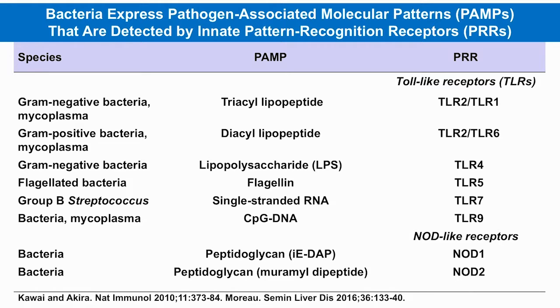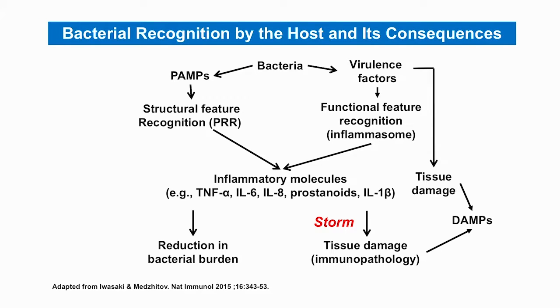And also, almost every bacteria express peptidoglycan, which are recognized by NOD1 or NOD2 when the PAMP is within the cell. This is very important to understand. The process of recognition of PAMPs by innate receptors is called structural feature recognition, okay?